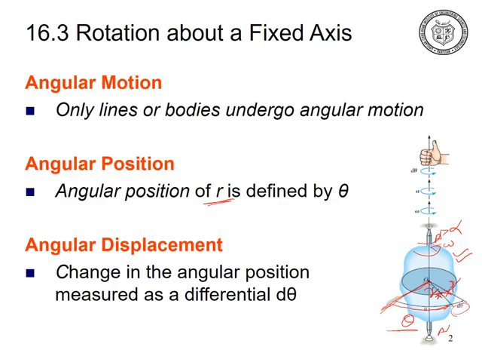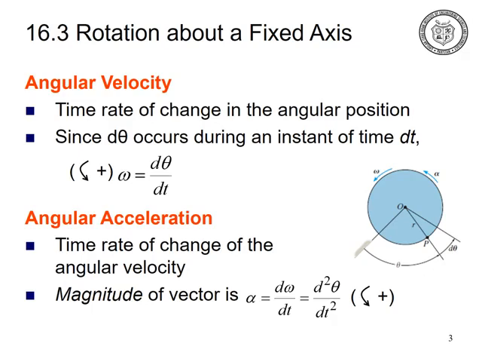In contrast to the rectilinear motion, for the angular motion the position is represented by the angular position, whereas in the rectilinear motion we simply talk about the rectilinear position. But here in the angular motion we talk about angular position, and the position vector r is simply the position of the particle P from the fixed origin O. In the rectilinear motion we talk about the velocity and acceleration.